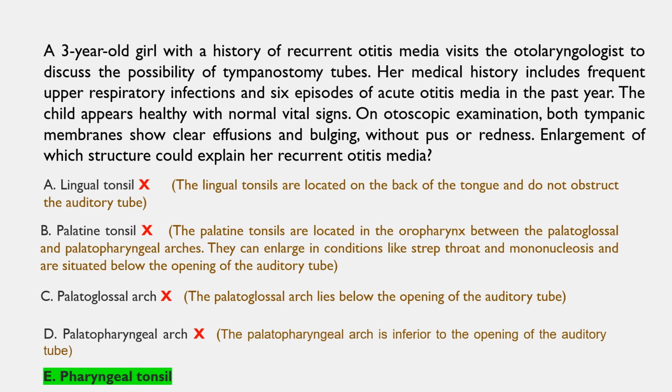They can enlarge in conditions like strep throat infections and mononucleosis and are situated below the opening of the auditory tube. C is incorrect as the palatoglossal arch lies below the opening of the auditory tube. D is incorrect as the palatopharyngeal arch is inferior to the opening of the auditory tube.